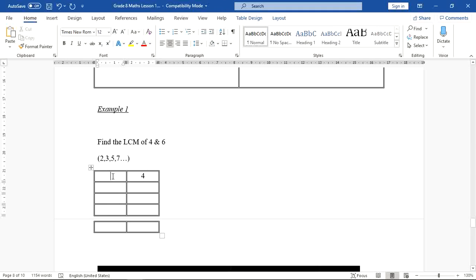It's 2. 2 goes into 4 how many times? 2 times. Remember, you only stop when you have a 1 here. So we go back to the list. 2 goes into 2 how many times? It goes in once.